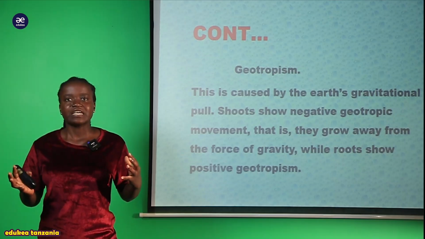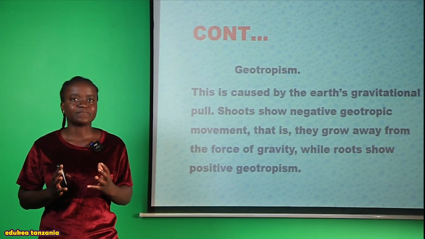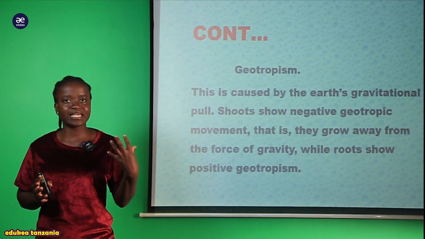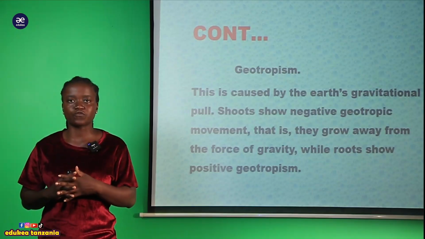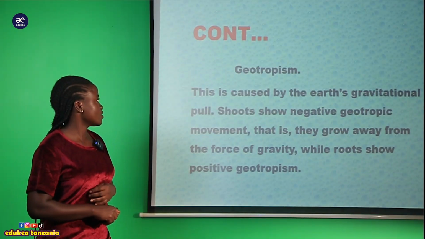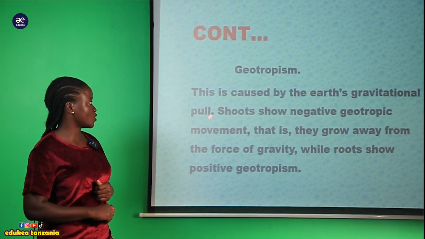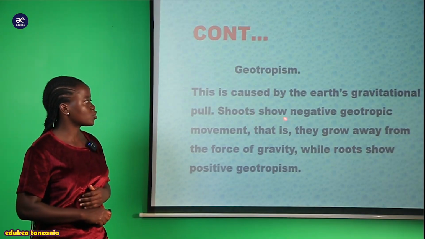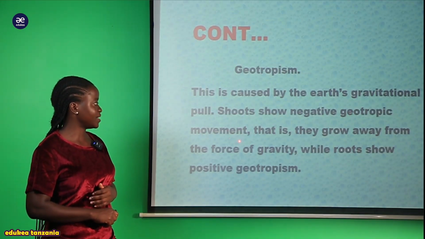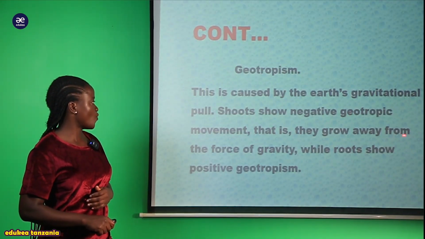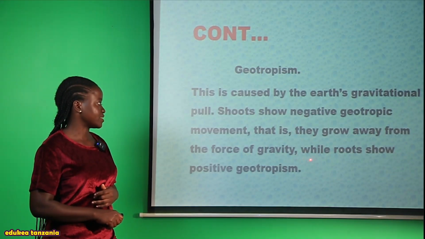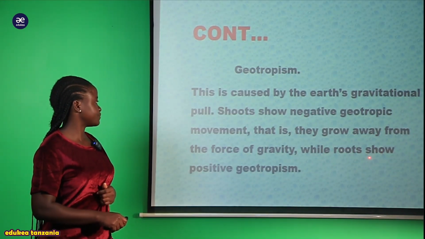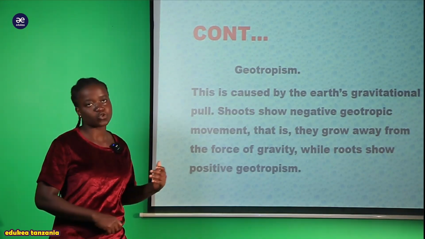The gravity that the Earth exerts is whereby the plant can show different kinds of movement. So the shoot shows negative geotropism, that is they grow away from the source of gravity, while the roots show positive geotropism.